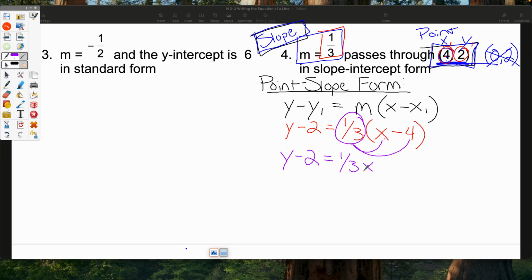And then 1/3 times -4: you can multiply it and get a decimal, but let's just keep it as a fraction so it looks a little better. 1/3 times -4 is like saying -4 over 1, so when I multiply straight across, I get -4 over 3. Y minus 2 equals 1/3 x minus 4 over 3.